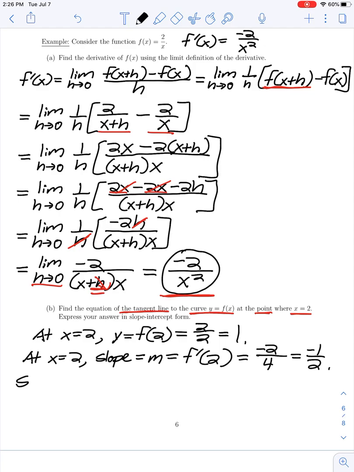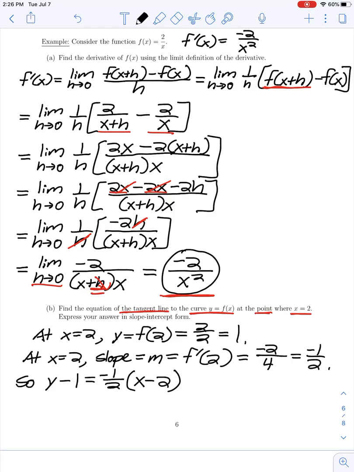So the equation of our line is of the form y minus the y coordinate for our point, which we found to be 1, is equal to our slope, which was negative 1/2, times x minus the x coordinate for our point on the line, which was 2.